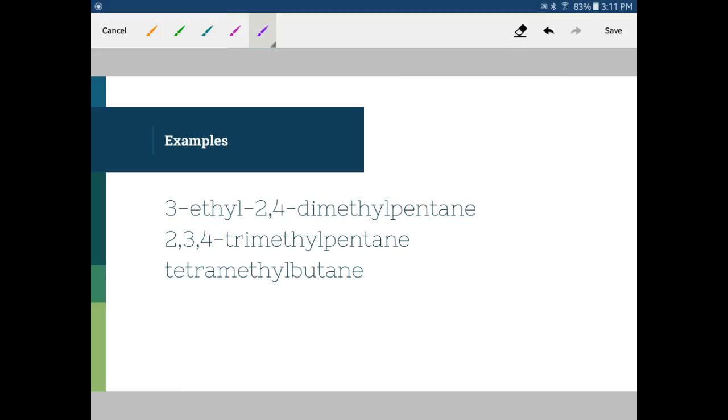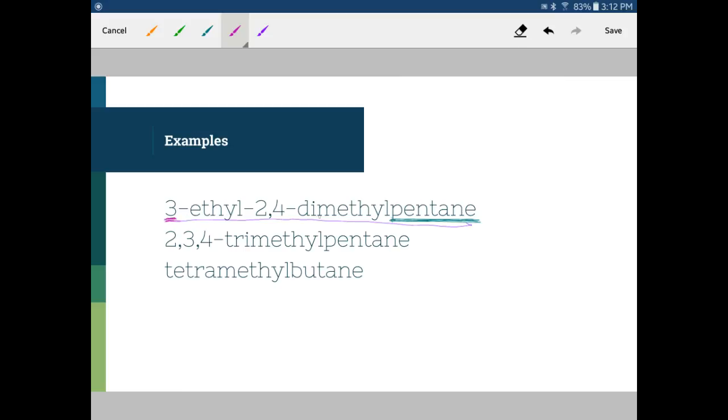So my first one, I will do this in purple. 3-ethyl-2,4-dimethylpentane. A few things to notice. Pentane is my parent chain. Now a few other things that I noticed here that might be a little weird: I have 3-ethyl.